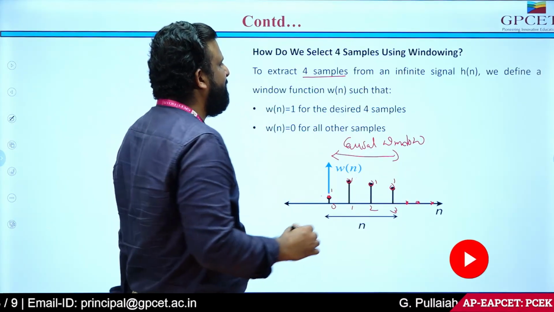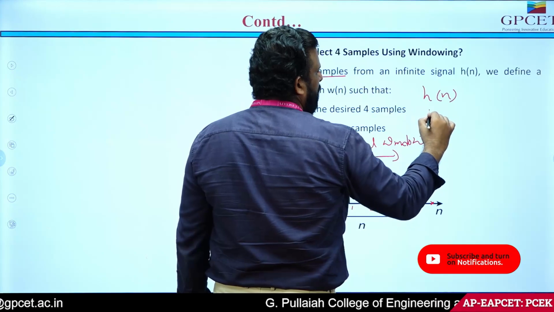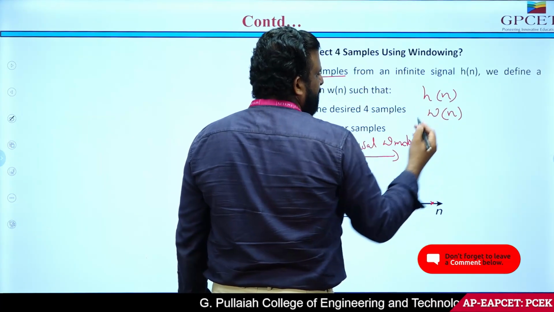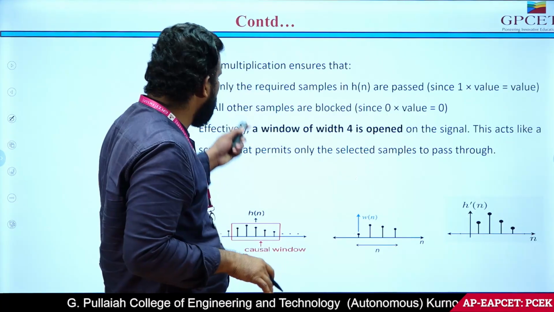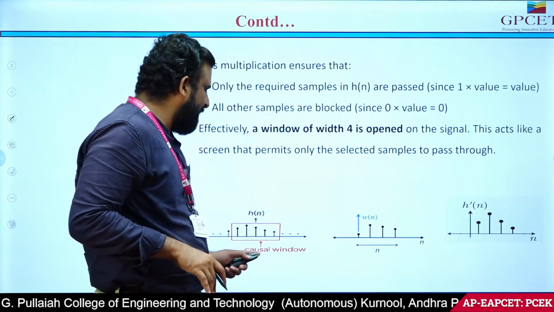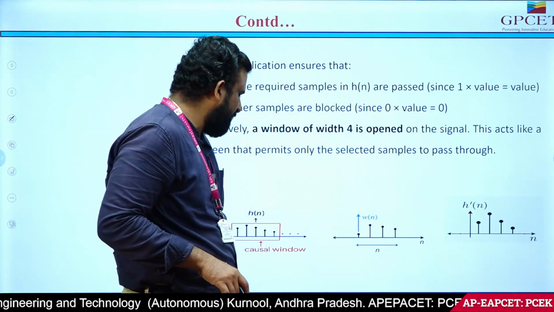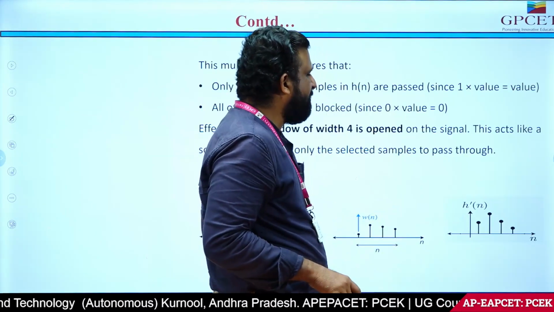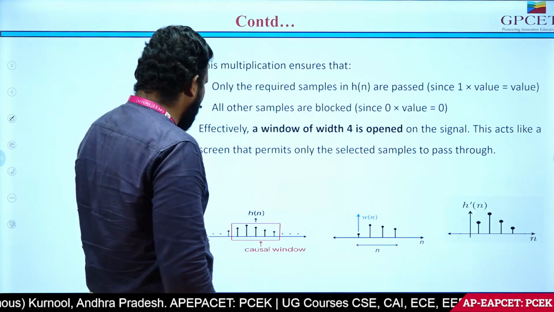So we got h of n, which we have seen in the first graph, and now we got the causal window, which is nothing but W of n. And the final thing we have to do is multiply this causal window and h of n, so that we are going to get h dash of n. See here, only the required samples of h of n.